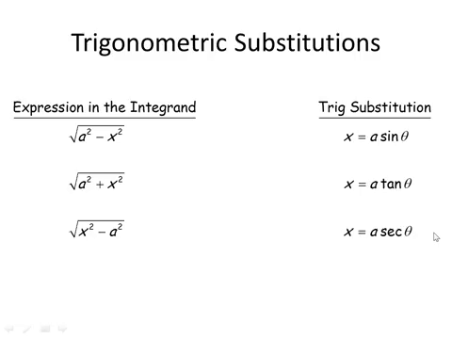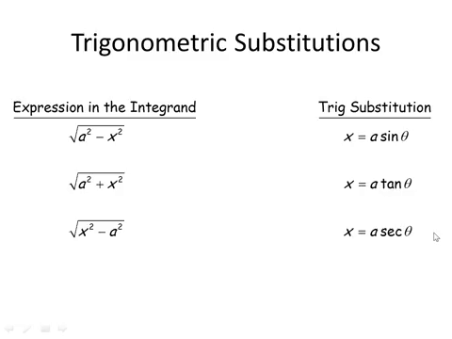So if you have, for example, the square root of a squared minus x squared in your problem, or you can make it look like that, you're going to substitute in for all of your x's in the problem, a sine theta. And a comes from the square root of a squared in your actual problem. Now, how do you use this?